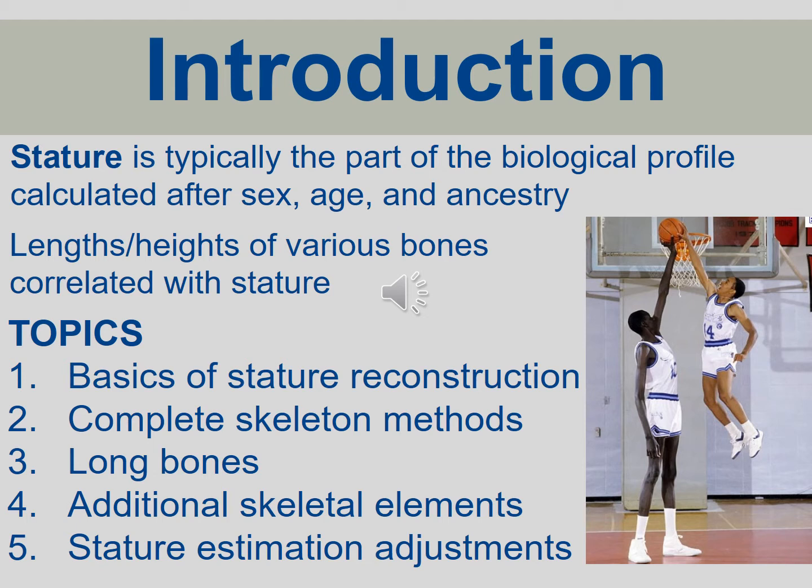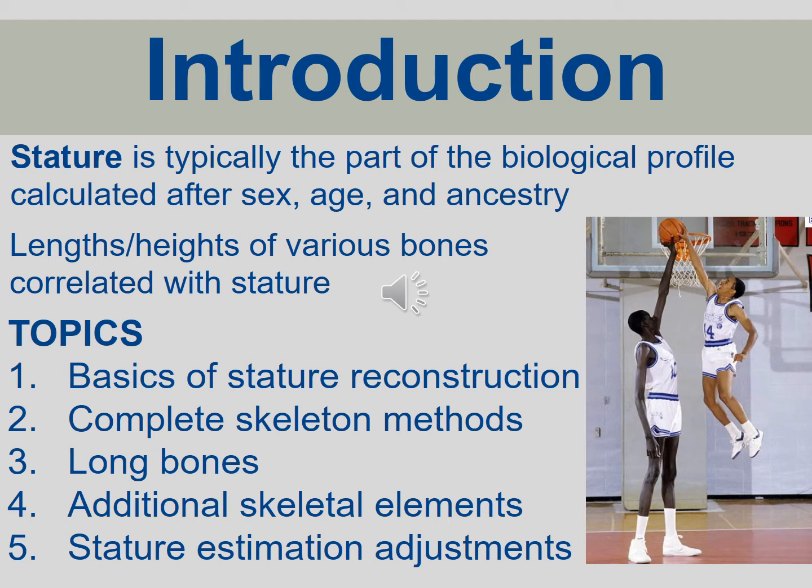For instance, we have a pretty good idea that the lengths of various bones are correlated with stature. Matter of fact, one of the foremost bones that has one of the best correlations with living height or stature is the femur or the tibia, or a combination of both. Most studies that I am familiar with, usually the femur and or the tibia, or a combination of both measurements, are between 80 to 90% or more accurate.